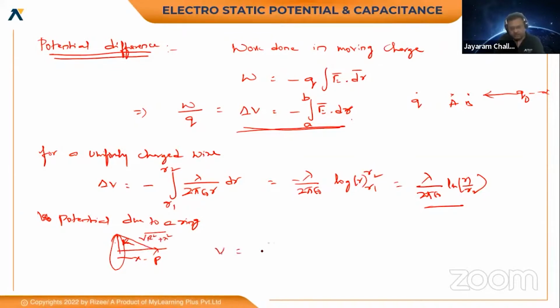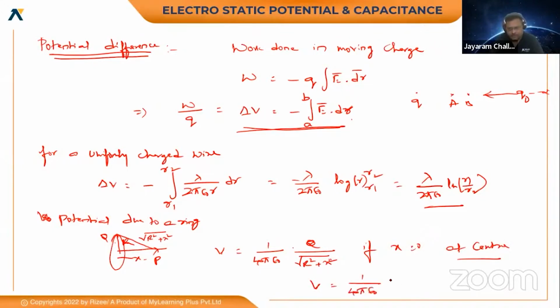Then V is equal to 1 by 4 pi epsilon naught into the total charge Q on the ring by root over r square plus x square. In this case, if x is equal to 0, that means at the center, potential is equal to 1 by 4 pi epsilon naught Q by r. This is the basic thing.